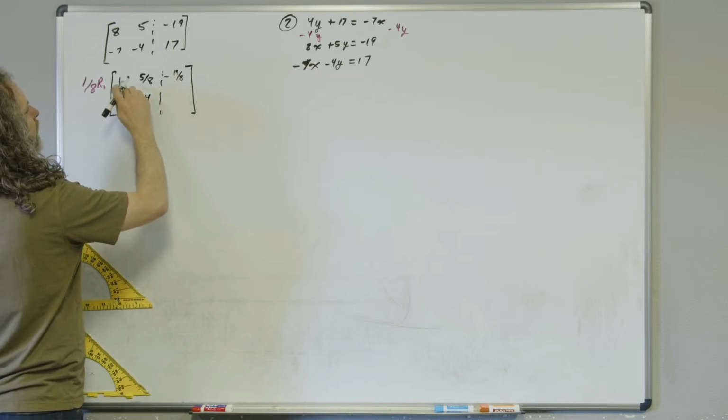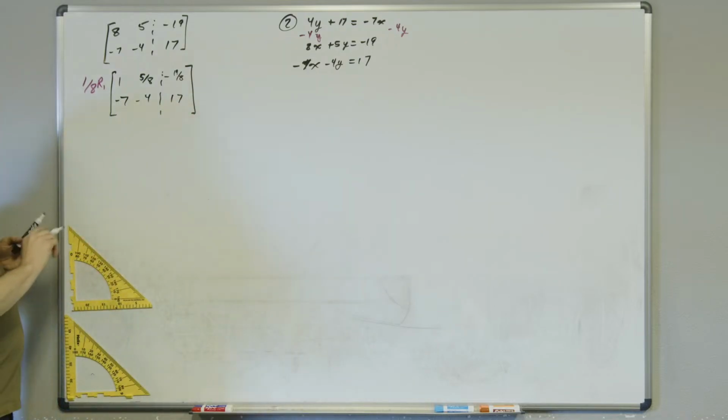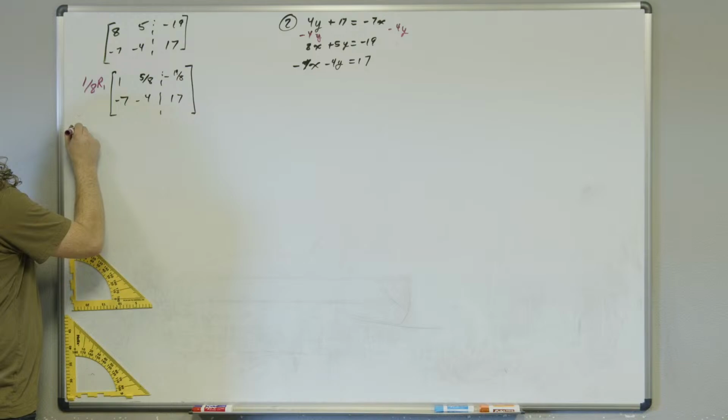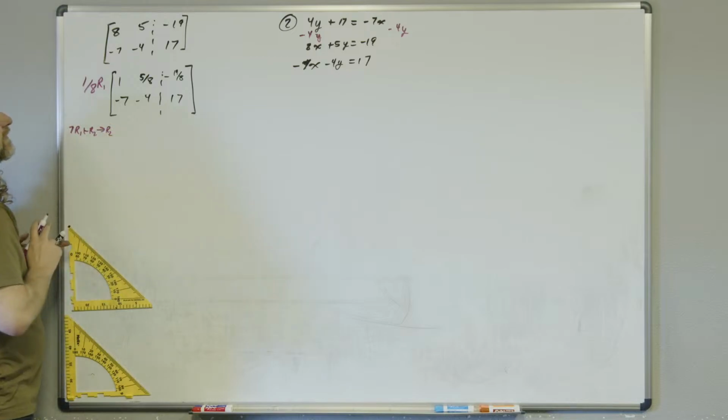I turned that into a 1. And then we could multiply 7 times the first row, add it to the second row, and put it into the second row. Right?